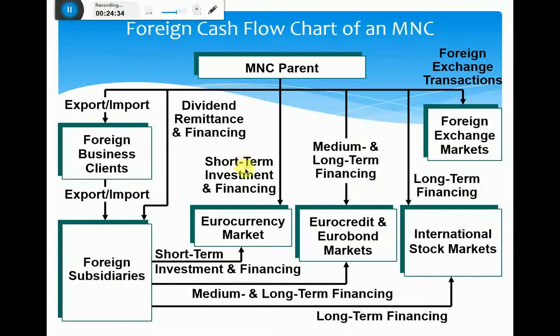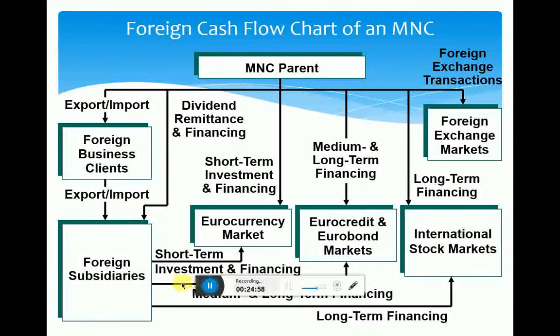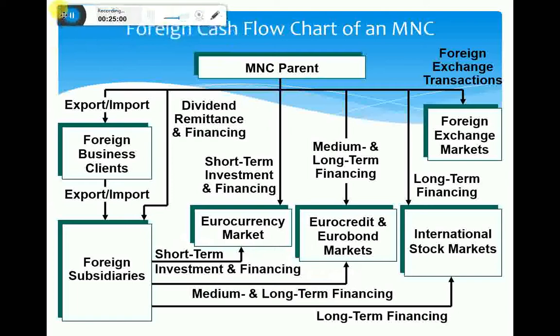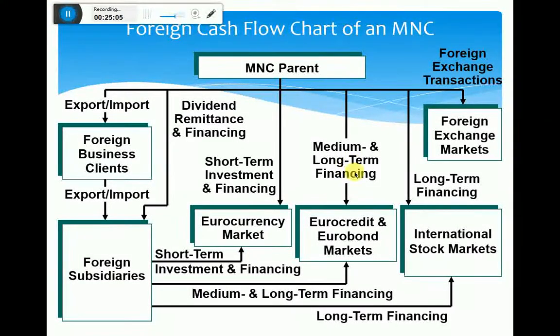Next, we have short-term investment. Sometimes multinational corporations need short-term investment and short-term financing. That is done through the euro currency market. And similarly, subsidiaries also require short-term financing. They also do it through the euro currency market. Similarly, sometimes the multinational corporations and their subsidiaries are required to do some medium-term financing or investment.